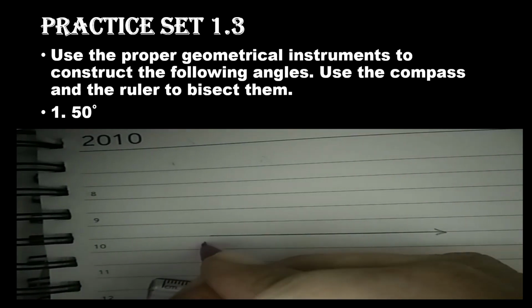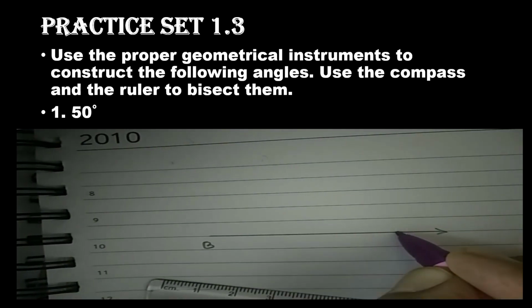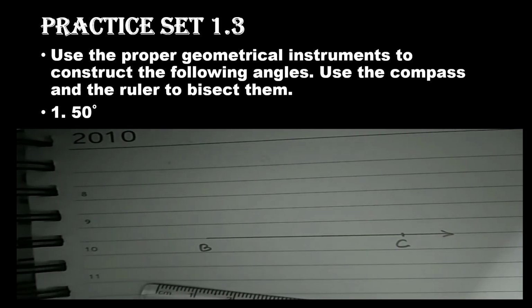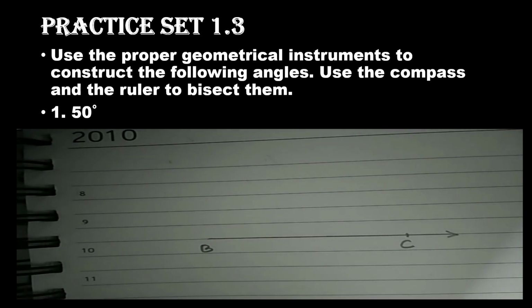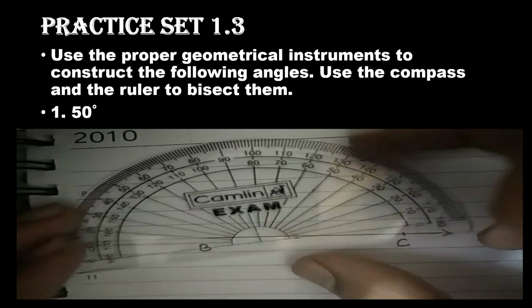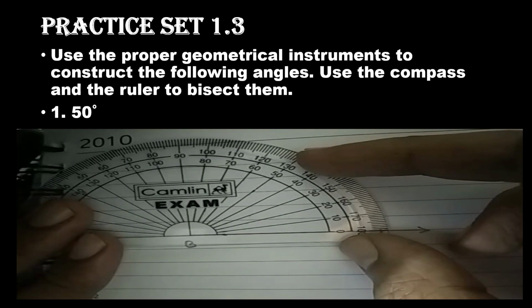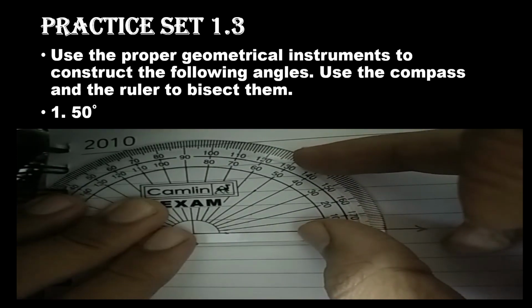We can name it on our own because there is no specific name given. Let's say that we are going to construct an angle of measure 50 degree. That is our first question of practice set 1.3.